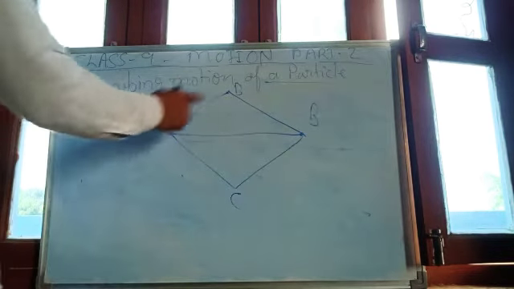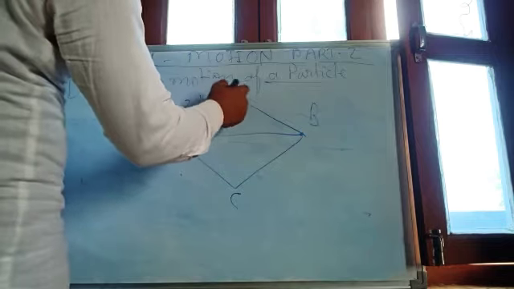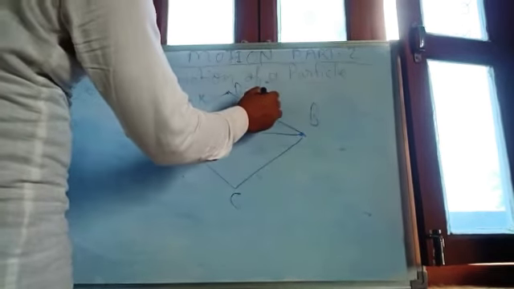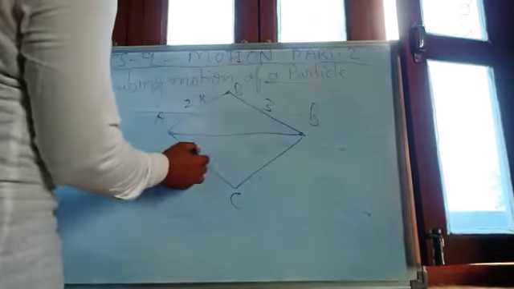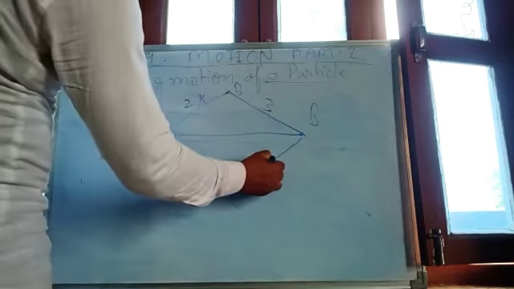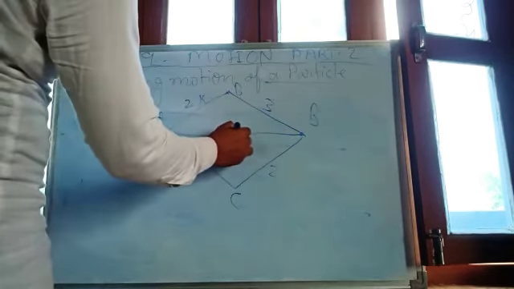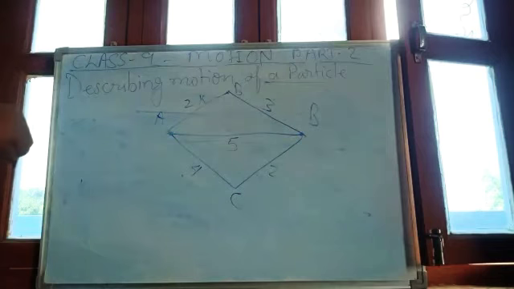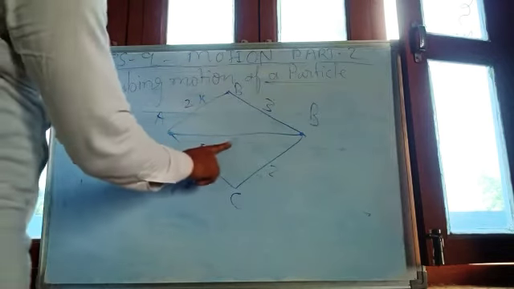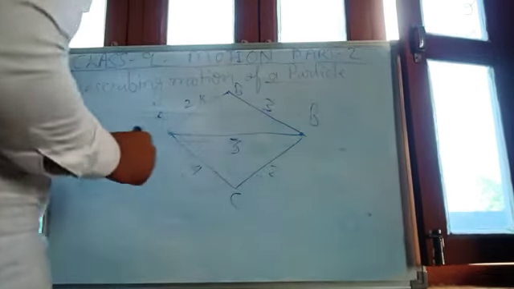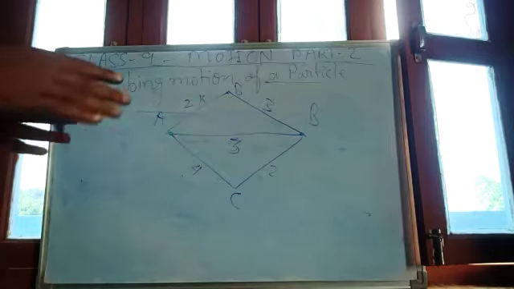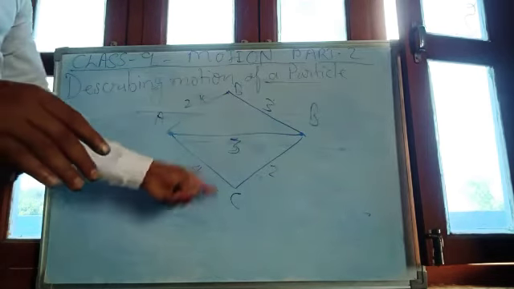Now let us suppose A to B straight is 3 kilometer, D to B is 3 kilometer, and this is 4 kilometer, and this is 2 kilometer, and this is 2 kilometer. Now we have 3 different routes.